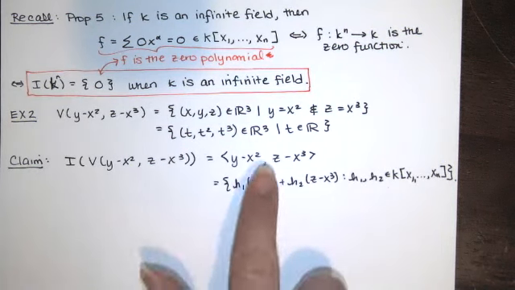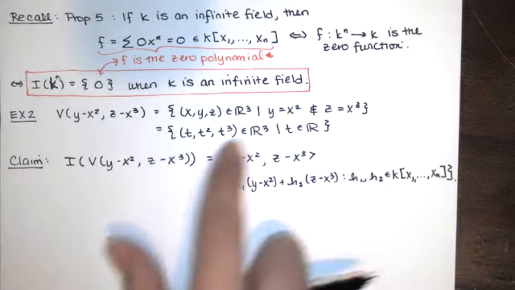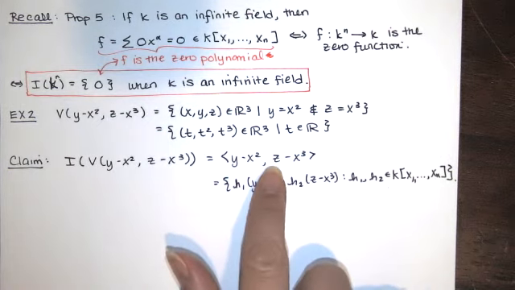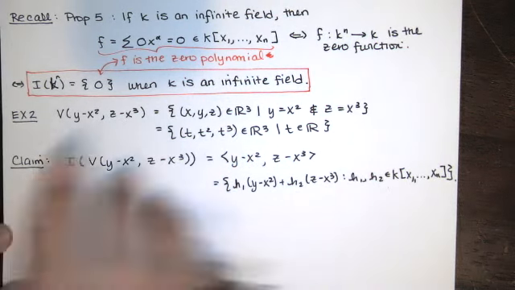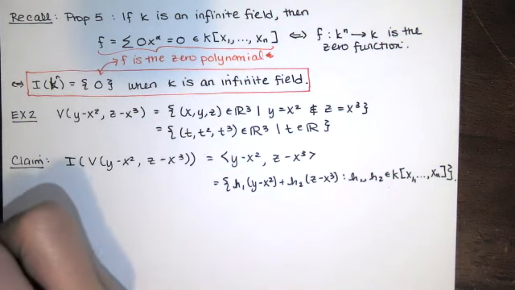So we'll prove this direction first. First, we'll show that every polynomial in the ideal generated by these two polynomial functions belongs to the ideal of V. And then we'll go the other way.